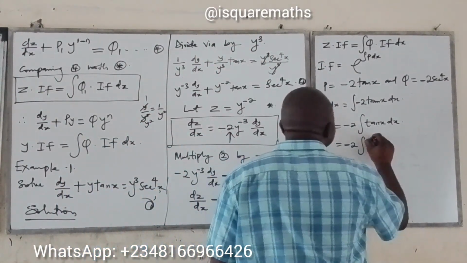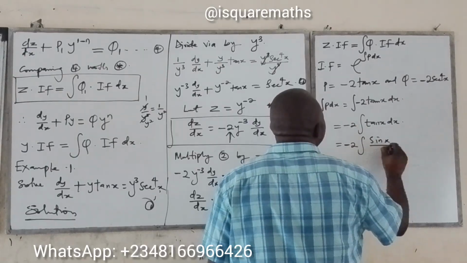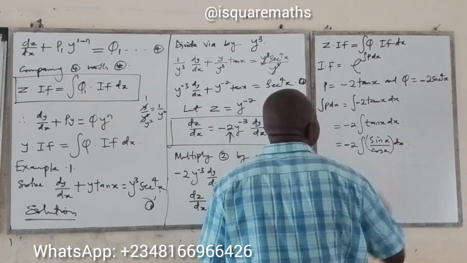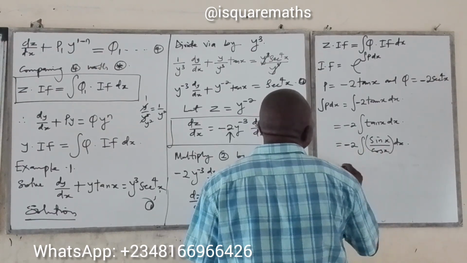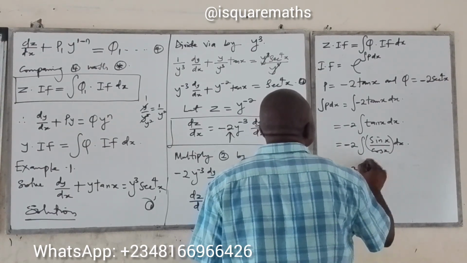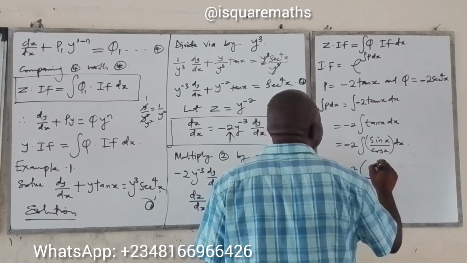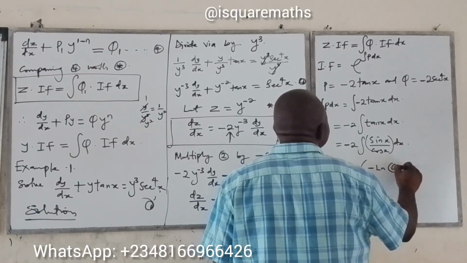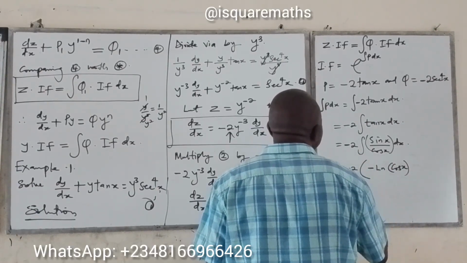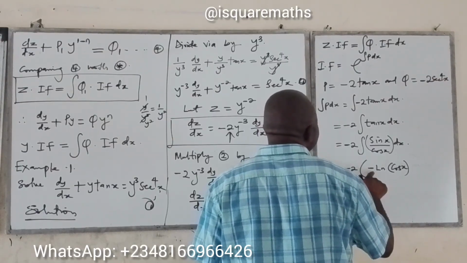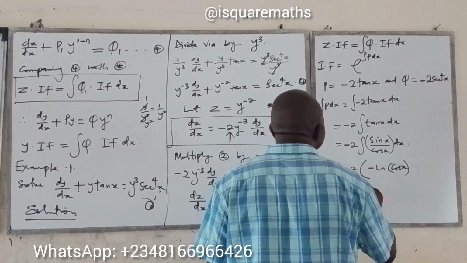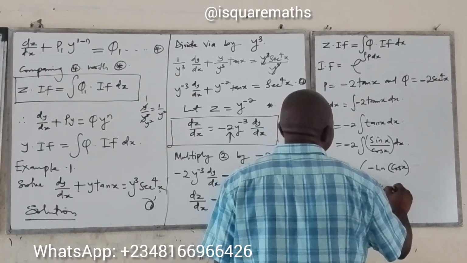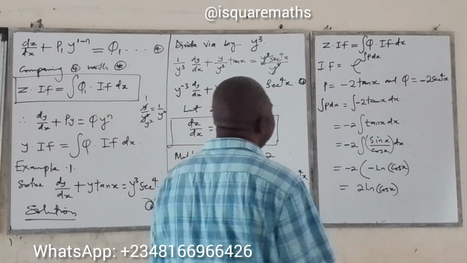So here we have sine x all over cos x, then dx. When you integrate this, it will give minus 2 in bracket, the integral of this is minus ln cos x. So that will give us minus 2 times minus ln cos x. It becomes 2 ln cos x.